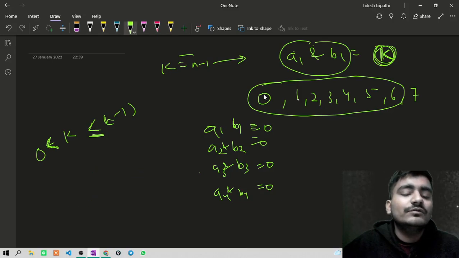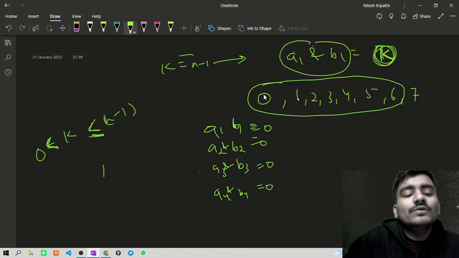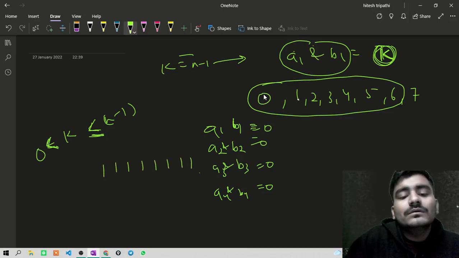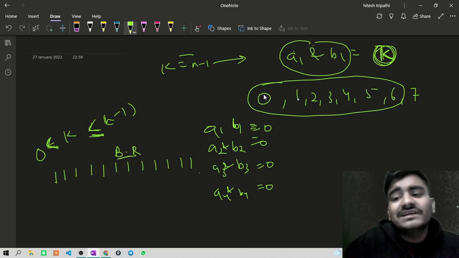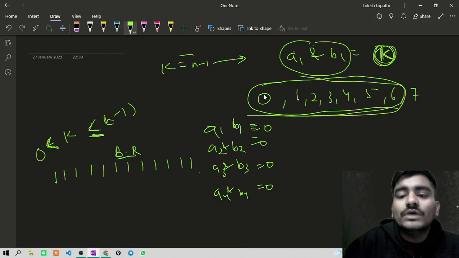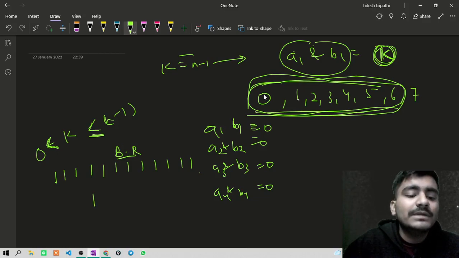Whenever you do an AND operation with n minus 1, suppose you have some number whose bits are all already set. This is the binary representation of n minus 1. Now you have some number which is less than n minus 1, obviously between 0 and n minus 2, that is 0 to 6. Write any number here.